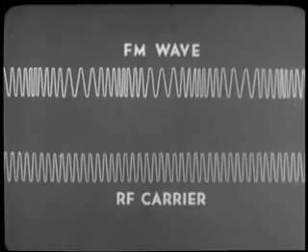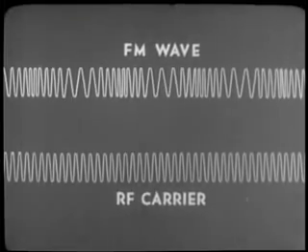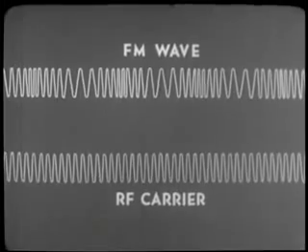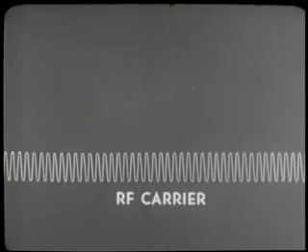In frequency modulation, the frequency of the carrier is modulated, as evidenced by the uneven spacing of the waves, rather than the amplitude. An unmodulated carrier would be the same for FM as it is for AM.